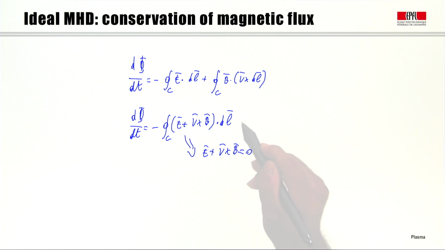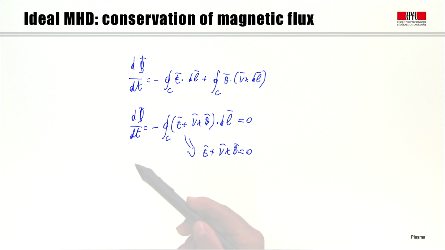And so this integral is equal to 0, which tells us that dφ/dt is equal to 0. As dφ/dt is equal to 0 in ideal MHD, the magnetic flux through every surface moving with the plasma is constant. The magnetic flux is therefore frozen into the plasma in the absence of plasma resistivity.